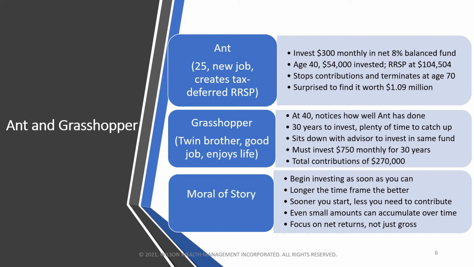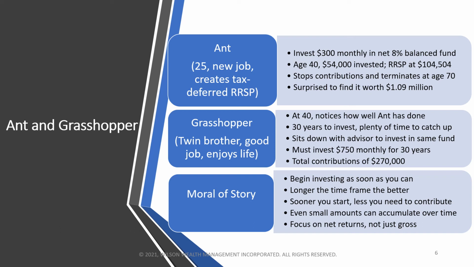At age 40, she's contributed $54,000 into the RRSP. But because of accumulation and income and reinvestment of income, the balance is now $104,000. Not a bad return.